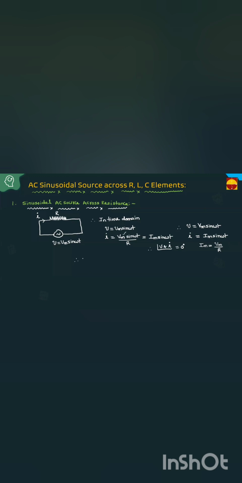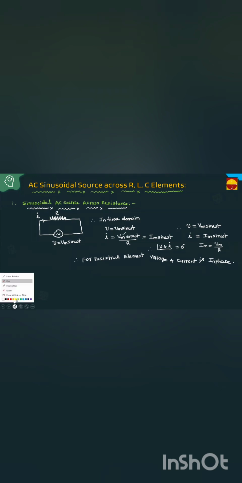Therefore, for a resistive element, voltage and current are in phase. That is, the angle between voltage and current is 0 degrees.